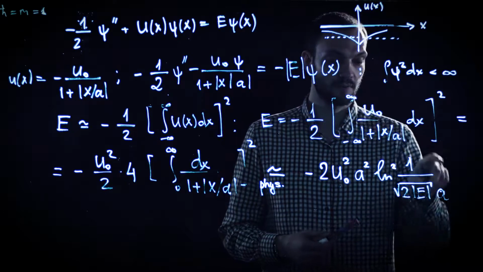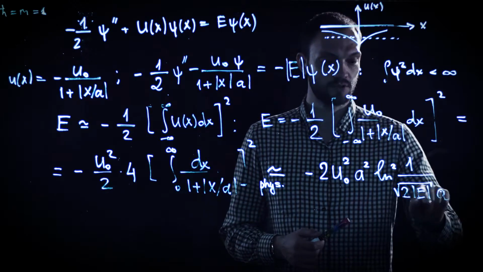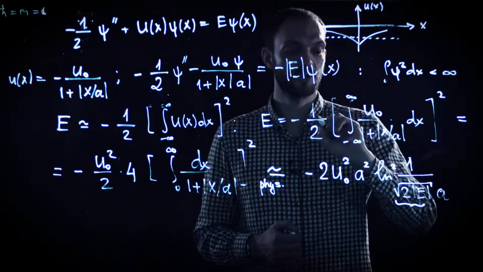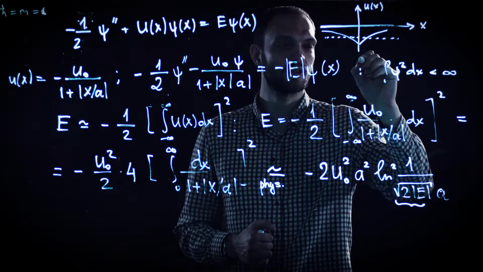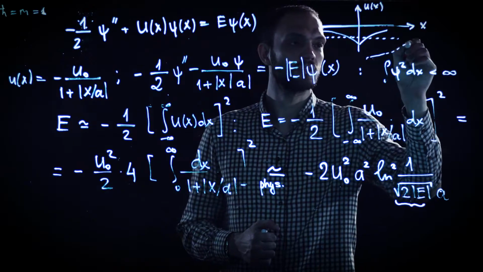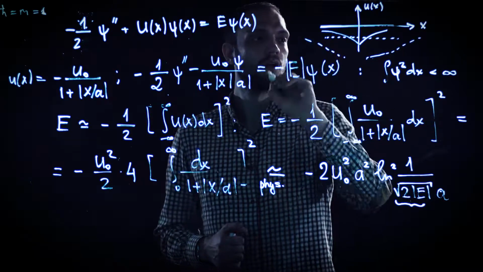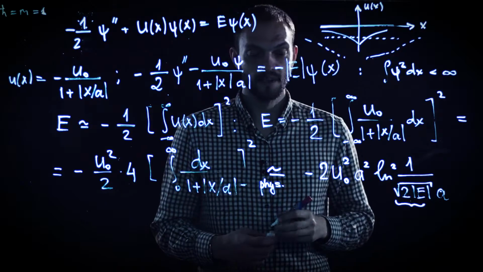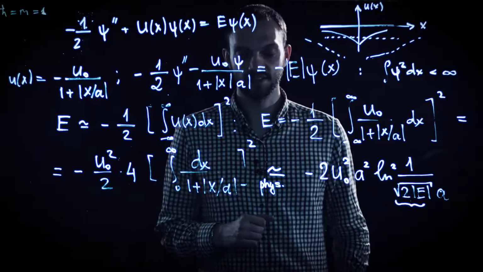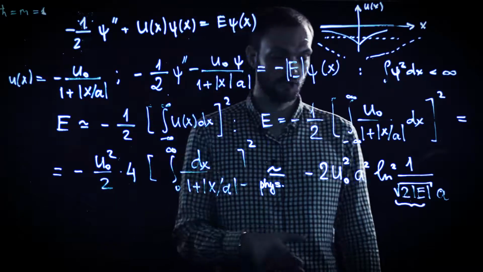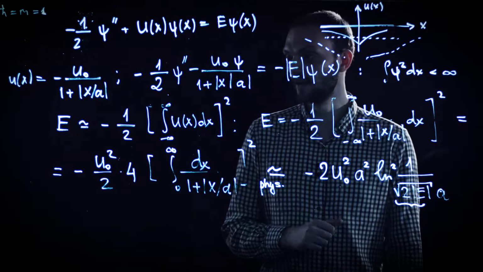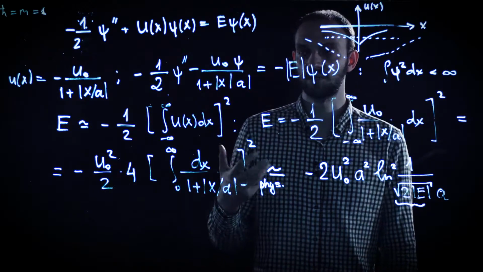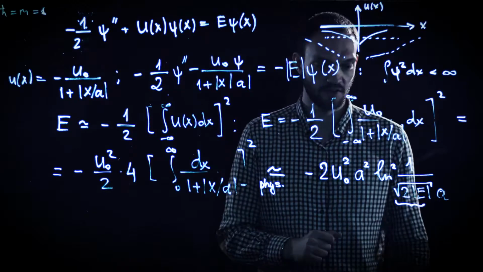And inside the logarithm, there is a factor, the square root of 2 energy, which is just the characteristic spatial scale of the wave function. So the wave function of the localized state will have a certain scale, which is determined by the energy. And so this comes to this log. As long as this physics-style reasoning is not very convenient to you, just have in mind this answer, and it will guide us for the more accurate solution, which will be obtained by an analysis of this differential equation.